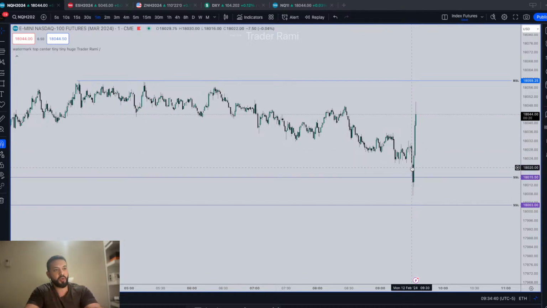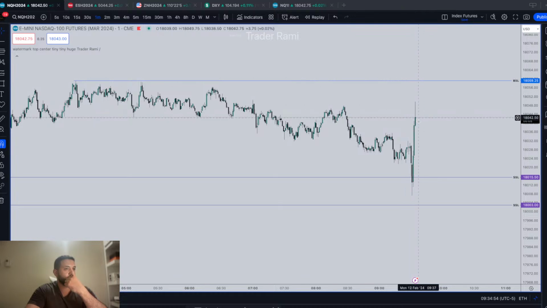How many people got short here and how many people just got ripped apart? Reaction off the top. Yep, so the reaction off the top could take place here. See if it could provide a fair value gap here.